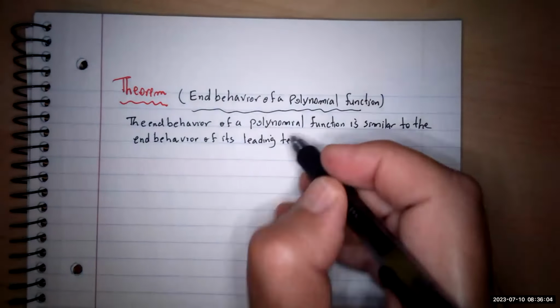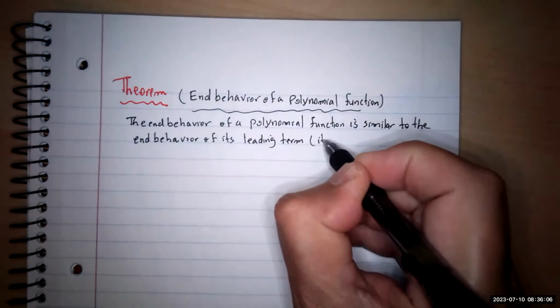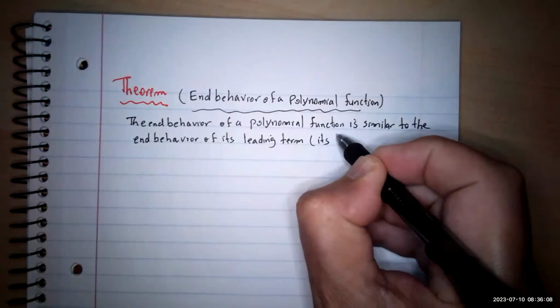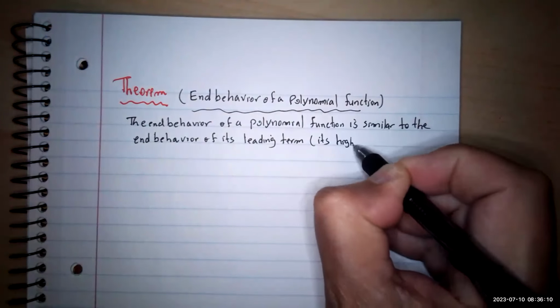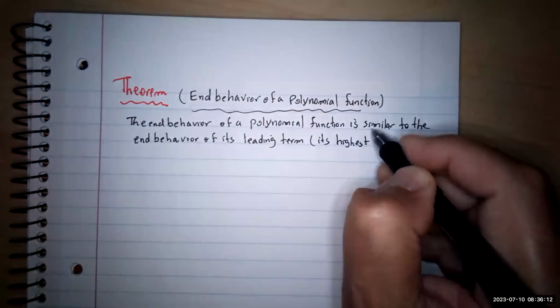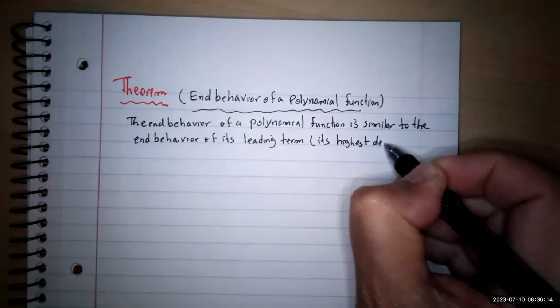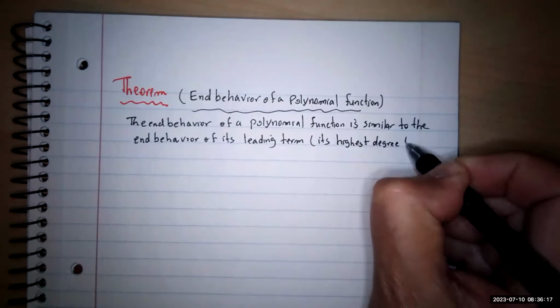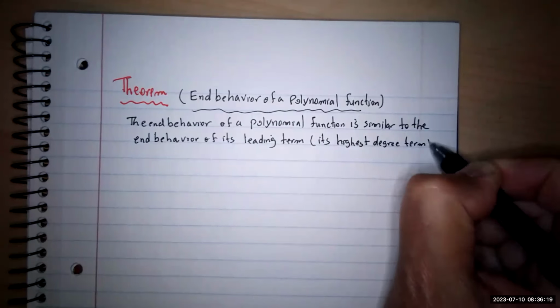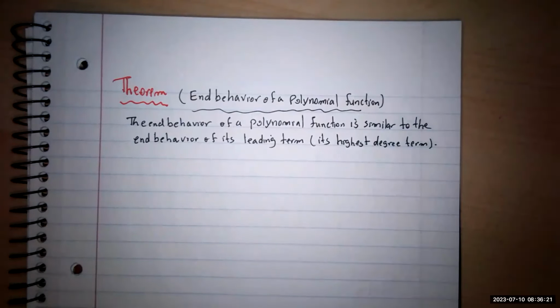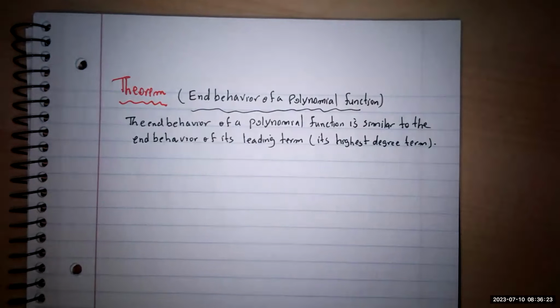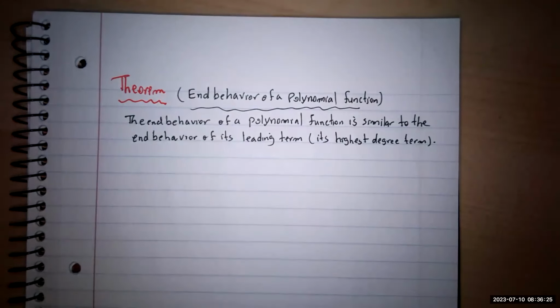Leading term, what is the leading term? It's going to be its highest degree term. So when we say the degree is 2, the degree is 3, you're just looking at the leading term.